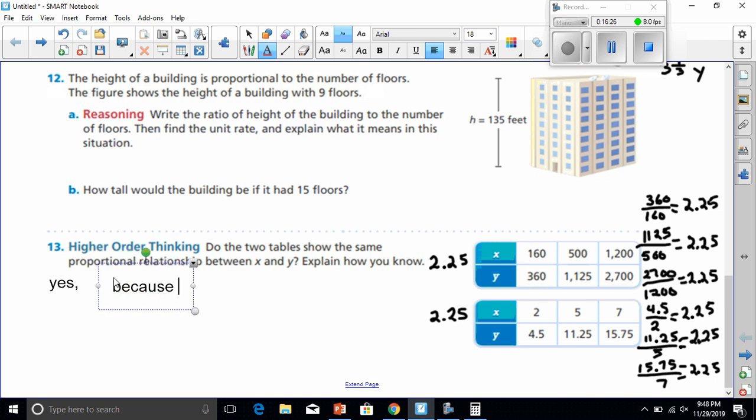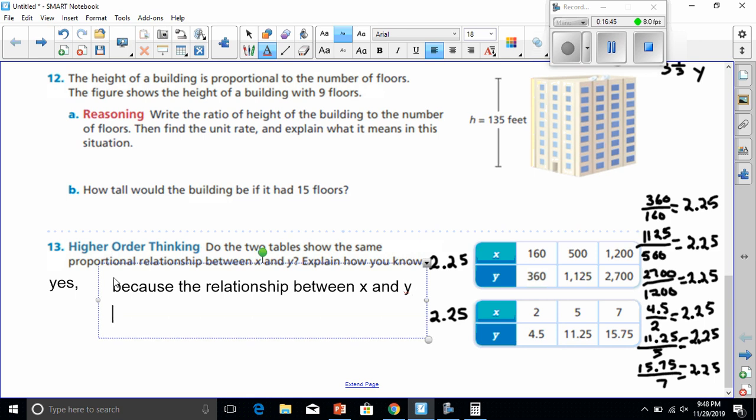Because the relationship between x and y are all equivalent.